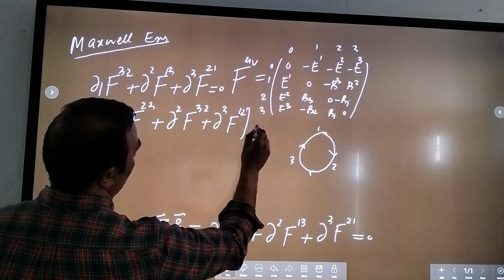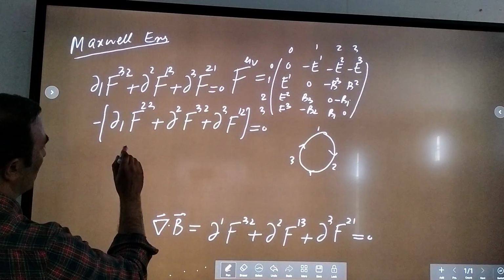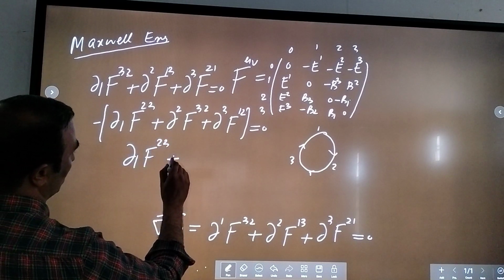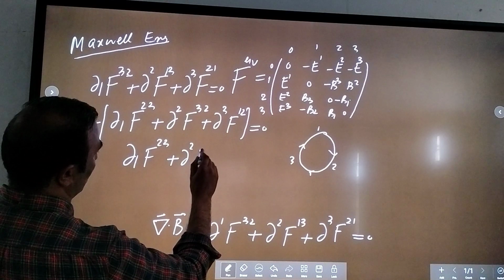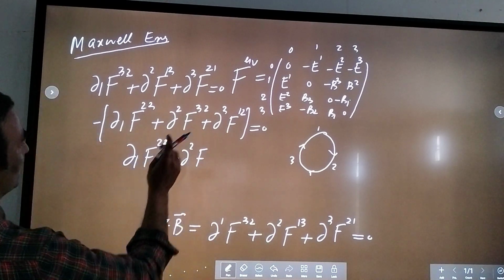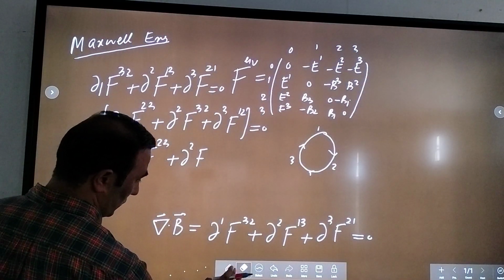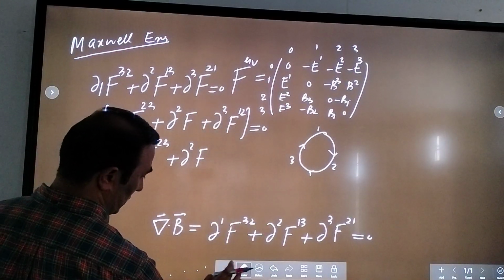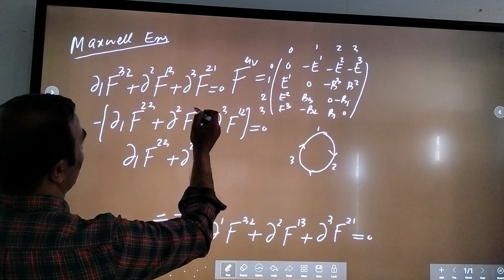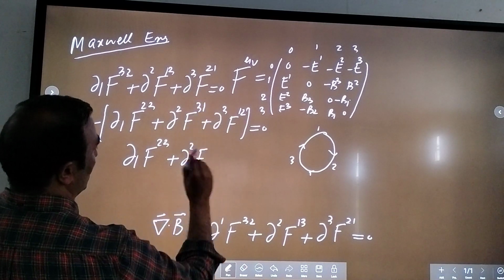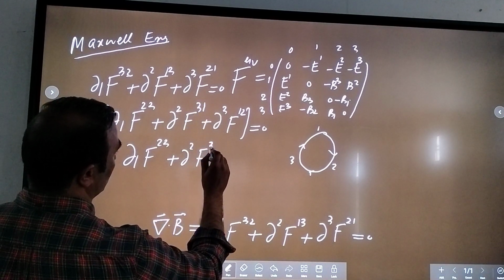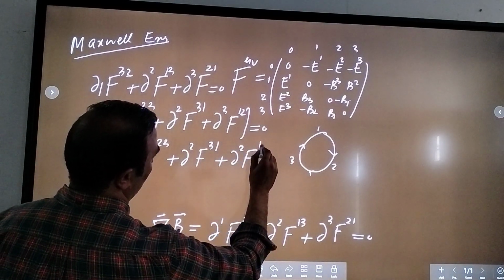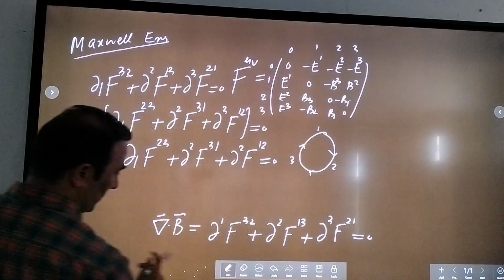So that will be equal to 0. Or you can add that partial 1 F23 plus partial 2, sorry, I made a mistake here. So I can write here this is F31, sorry, plus F31 plus, that's equal to 0, right?